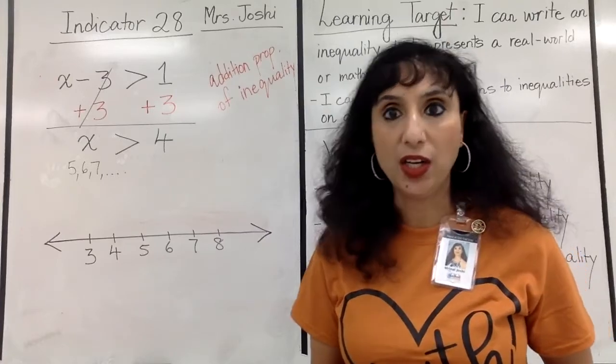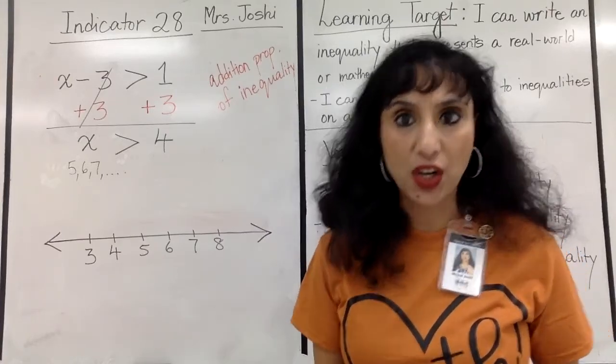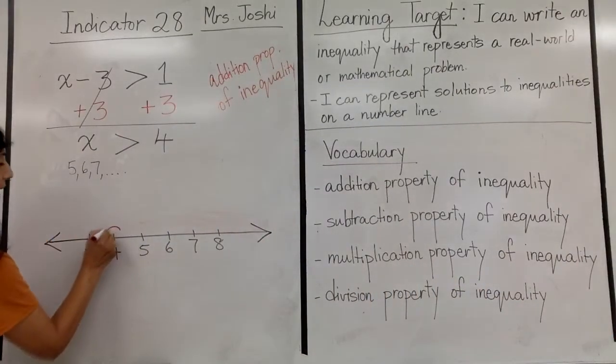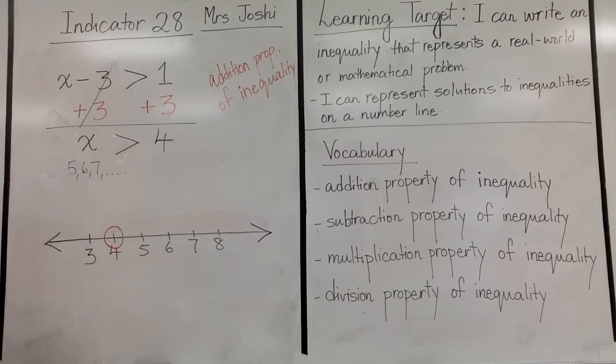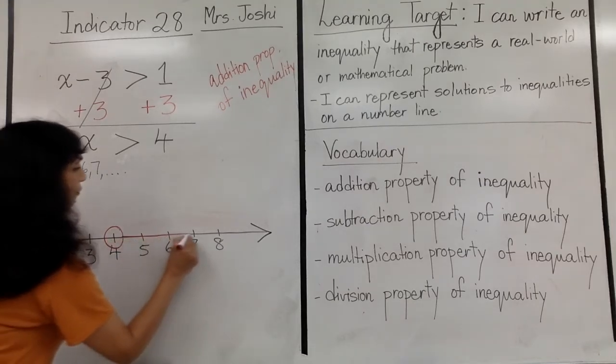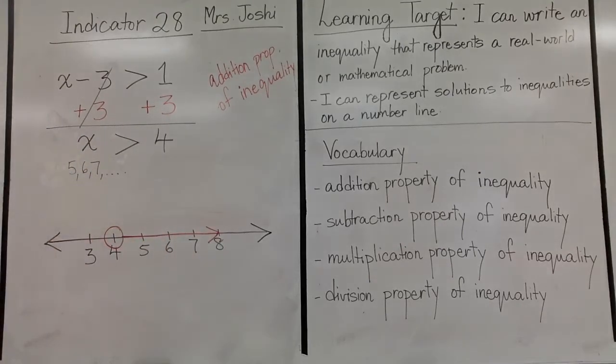Since 4 is not included, it is going to be an open circle. Okay, we're going to go to 4. We are going to make an open circle, and all numbers to the right of 4 are going to be a solution to this inequality. Okay, so this is how you show this in graph format after solving this inequality.